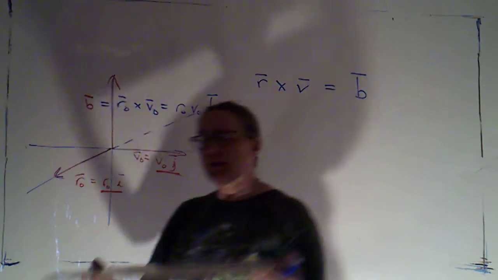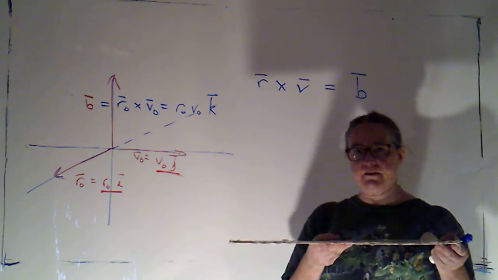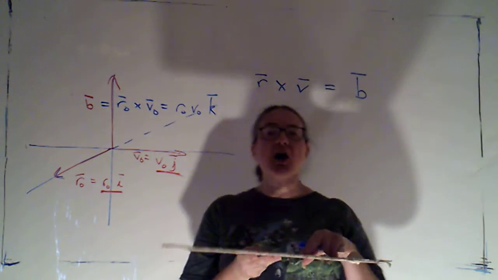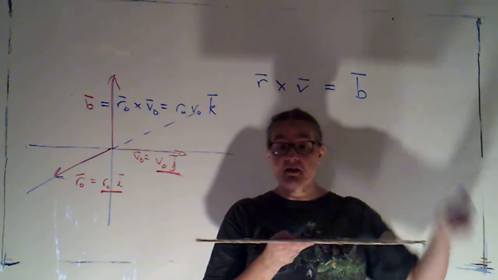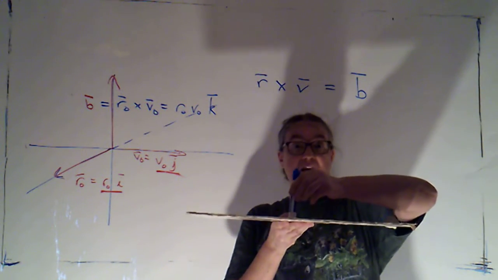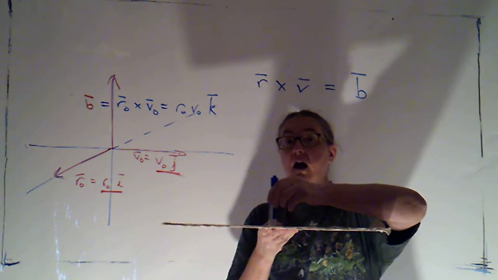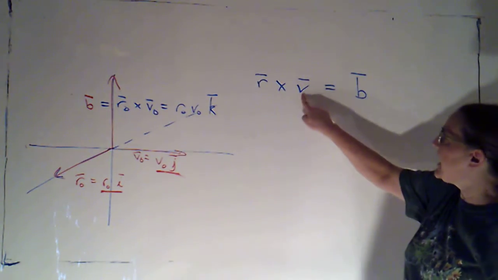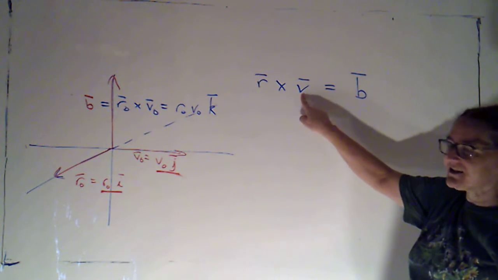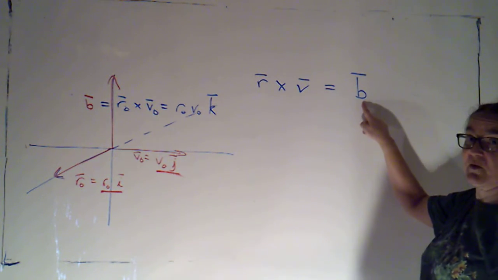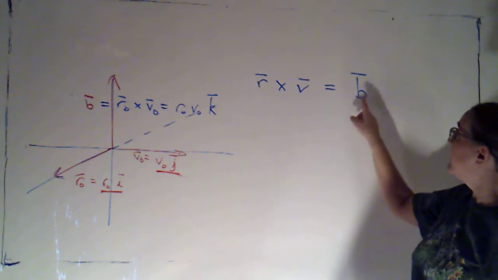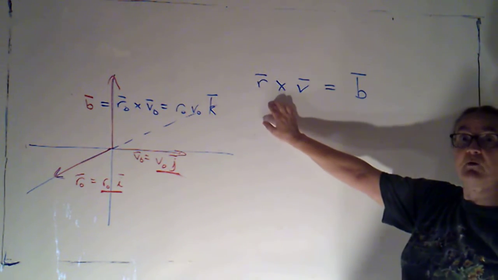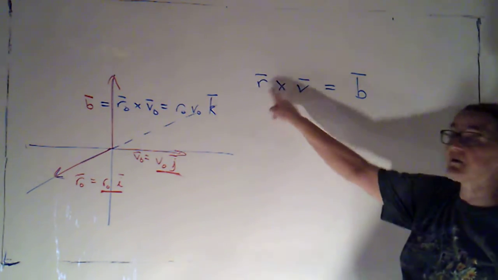Well, if this is the xy plane, and r cross v was constant, always this vector b that we're saying is pointing straight up, then that's telling us that r and v are always orthogonal to b. Because remember, the cross product is going to be orthogonal to both of these components.